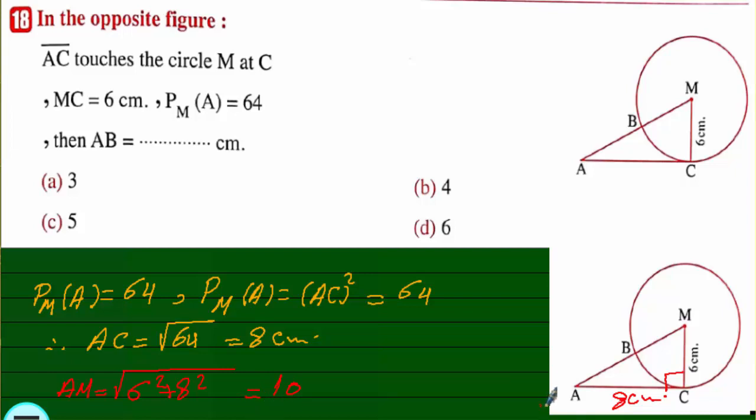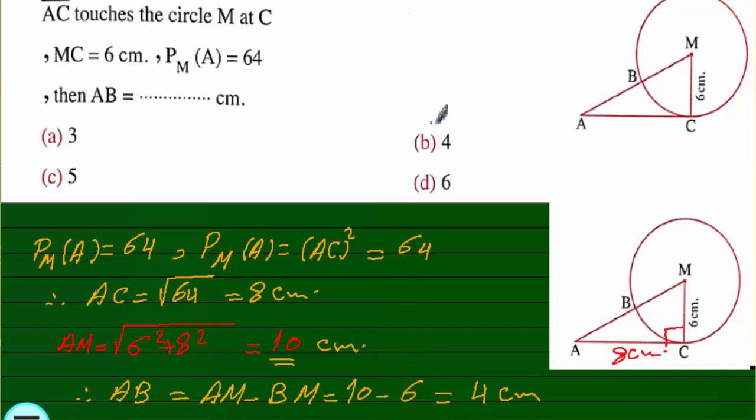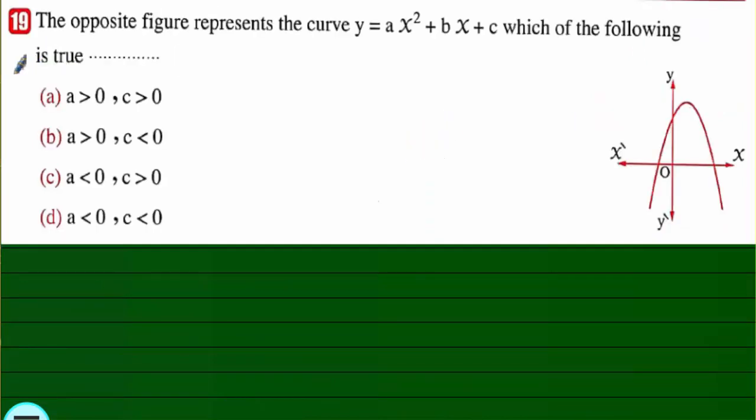So we have AM equals 10, and we have AB. So AB equals AM minus BM. What is the length of AM? It is 10 centimeters. So we write 10 centimeters minus BM, which equals 6. And the difference equals 4 centimeters. And we choose letter B also. Letter B.